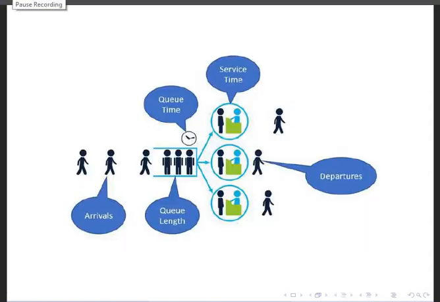From the standpoint of analyzing queues, the arrival of customers is represented by the inter-arrival time between successive customers, and the service is described by the service time per customer.